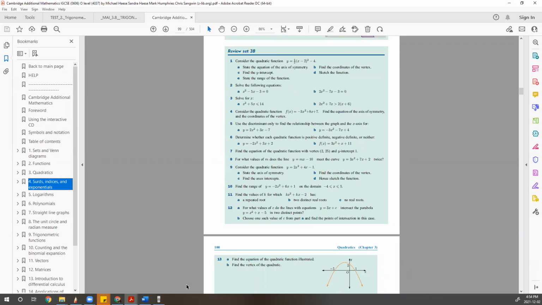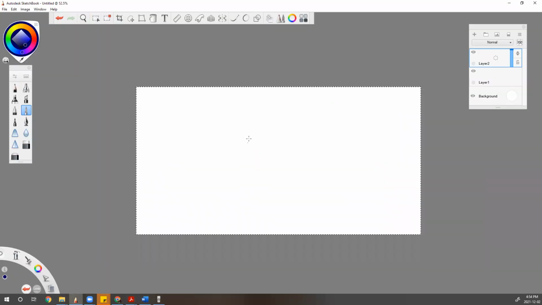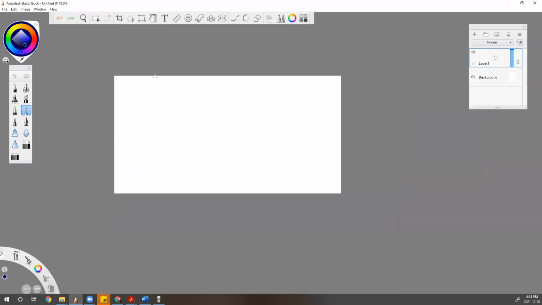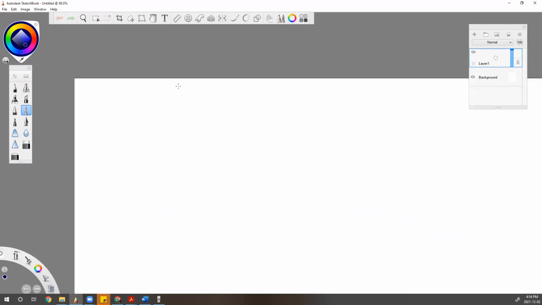This is quite simple. I will give you the basics for quadratic rules or the formula. So quadratics can be written as function of x equals ax squared plus bx plus c.